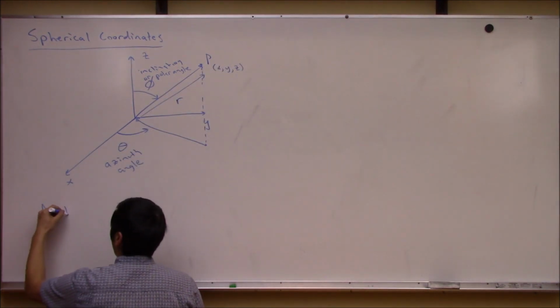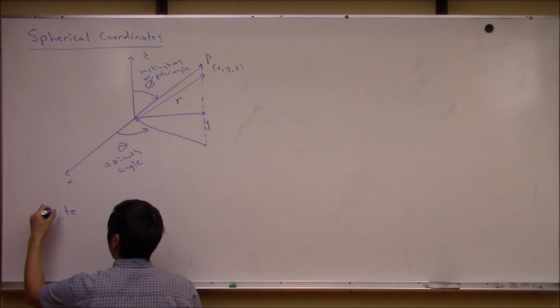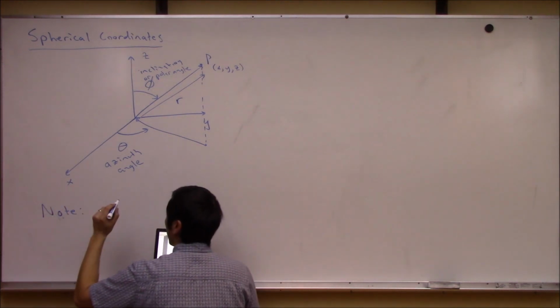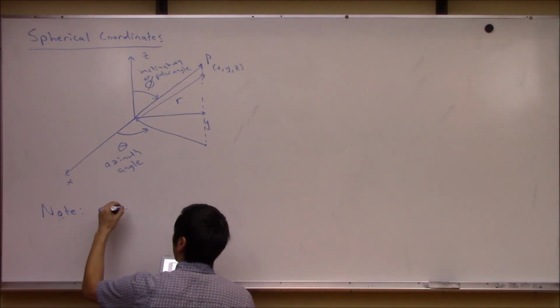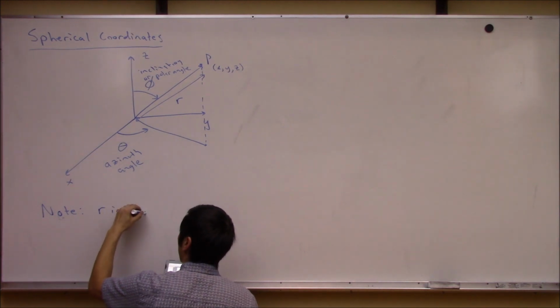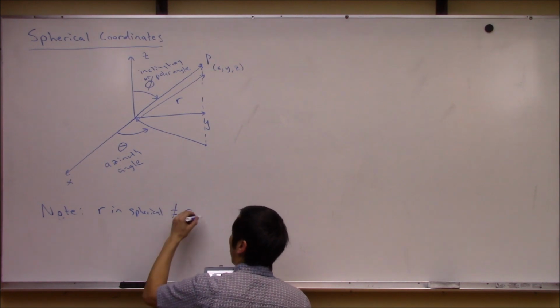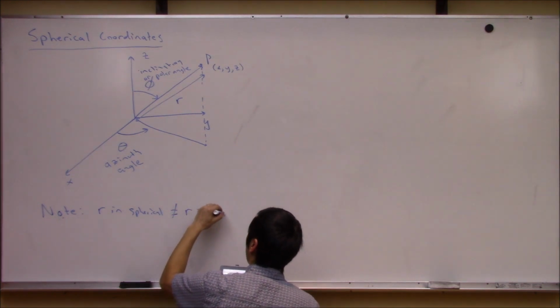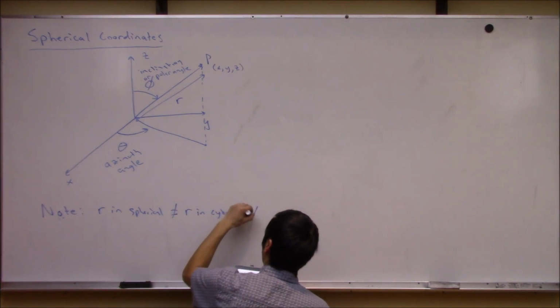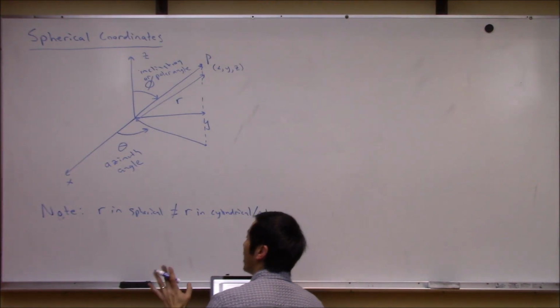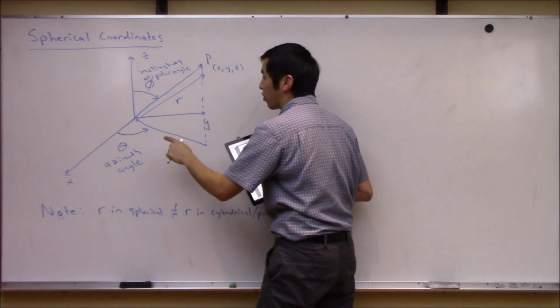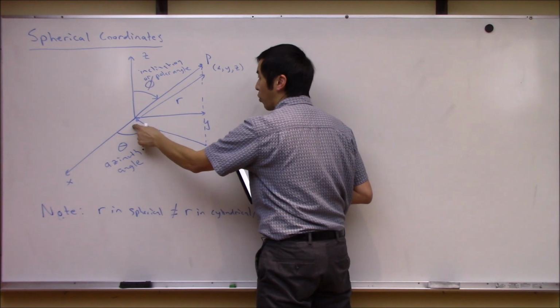So a couple of things to note before going any further. Note that r in spherical is different. It's not equal to the r in cylindrical or polar coordinates. In spherical coordinates, it literally is the radius from the origin to the point.